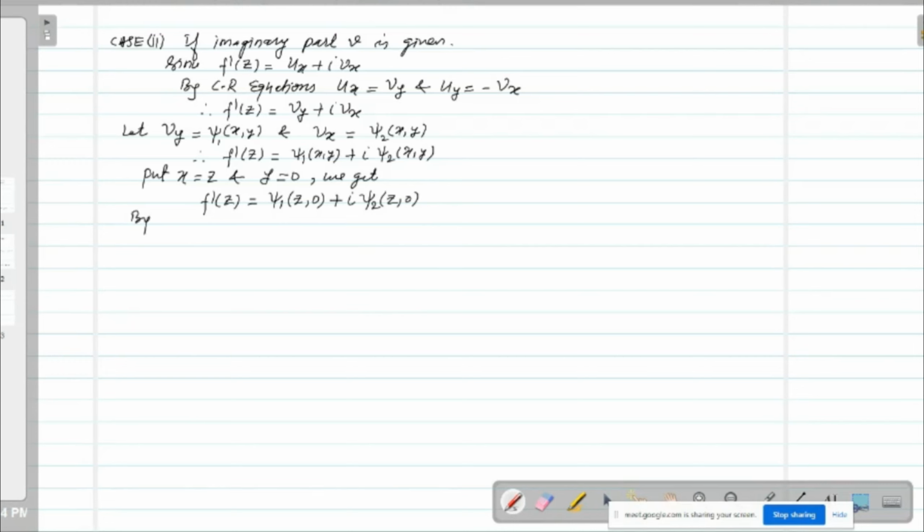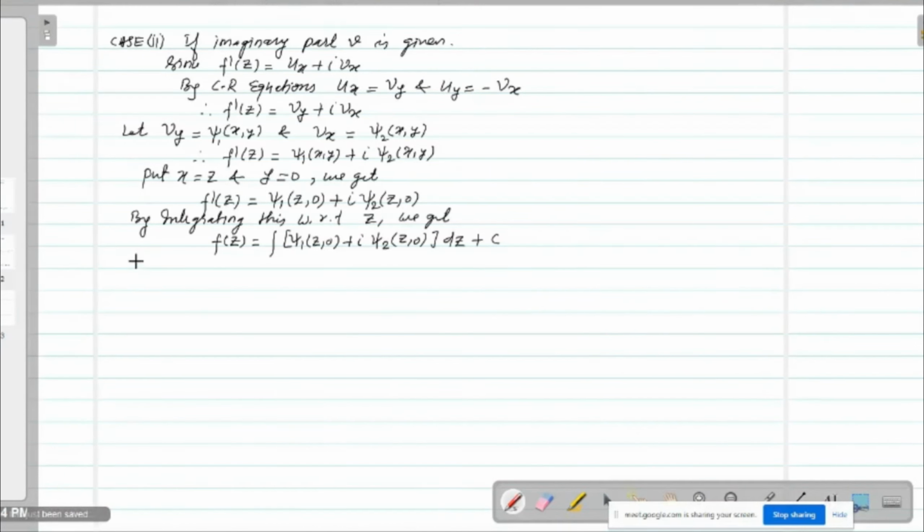So we integrate this with respect to z, and we get f of z equal to the integration of psi 1 of z comma 0 plus i psi 2 of z comma 0, dz, plus c, where c is the integrating constant.